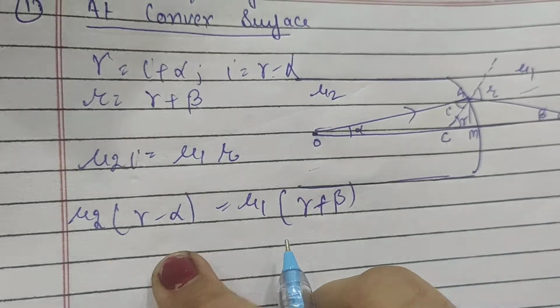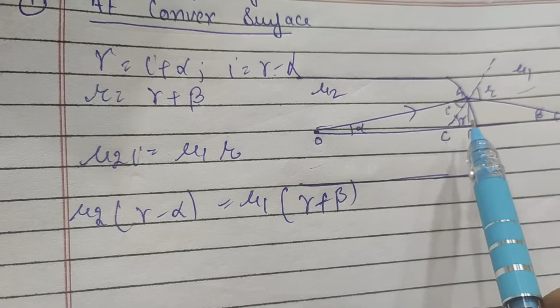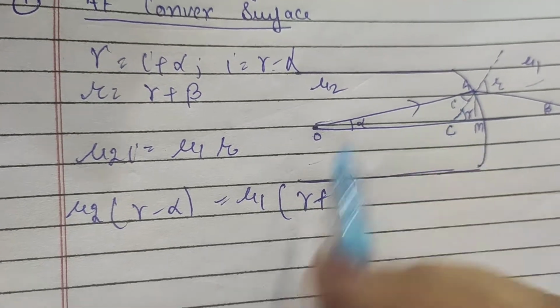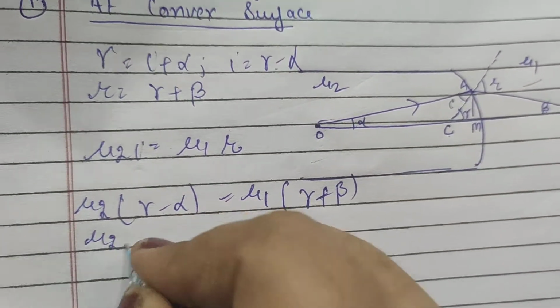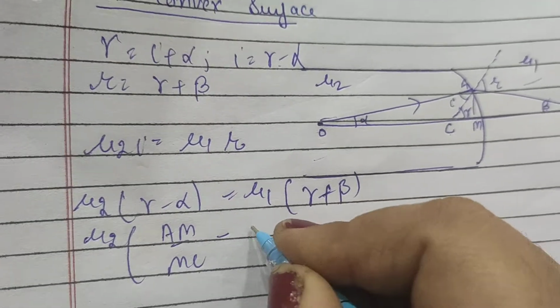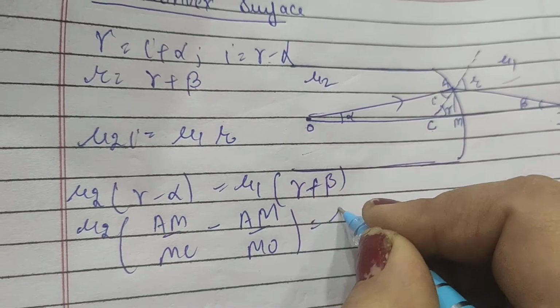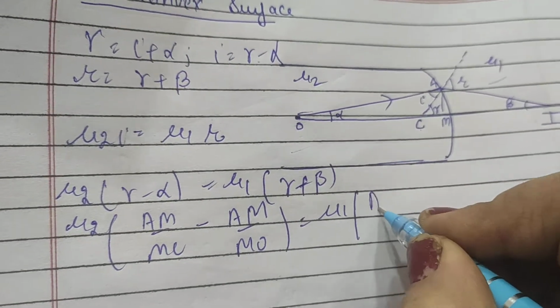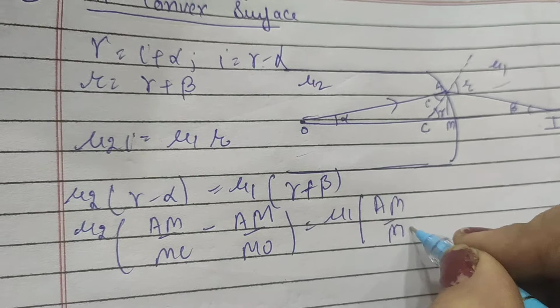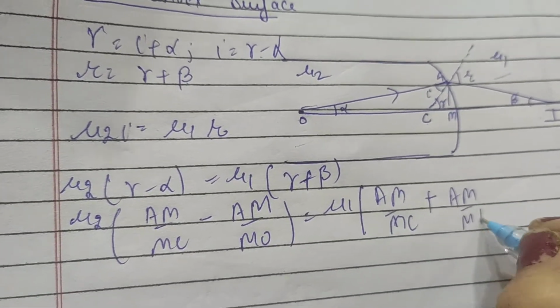Now the next step was to use the property theta is equal to l by r. So gamma will be AM by MC. So mu2 times (AM by MC minus alpha, which for the object is AM by MO) is equal to mu1 times (again gamma, AM by MC, and plus beta for the image, so AM by MI).